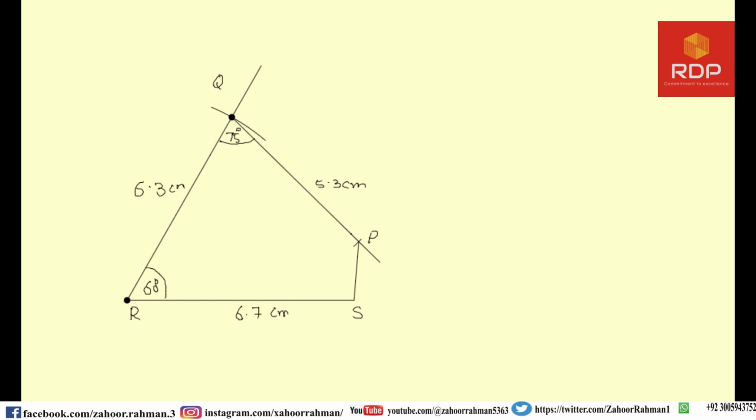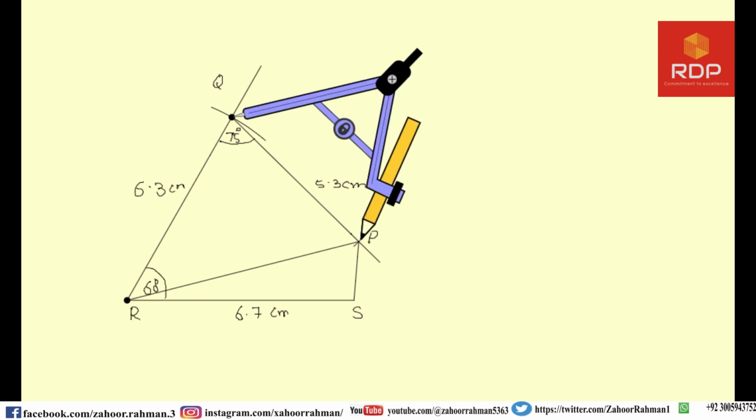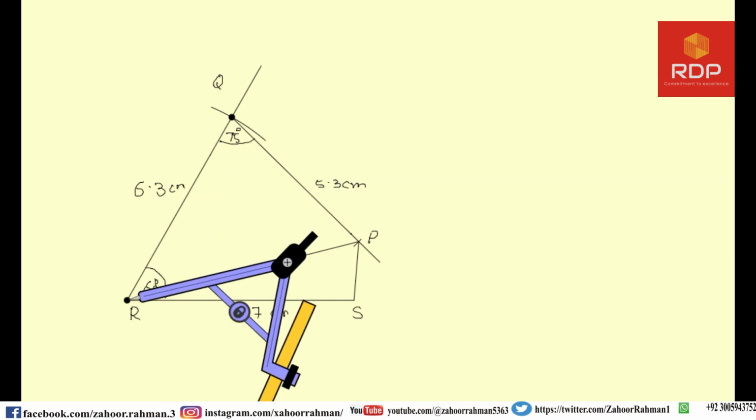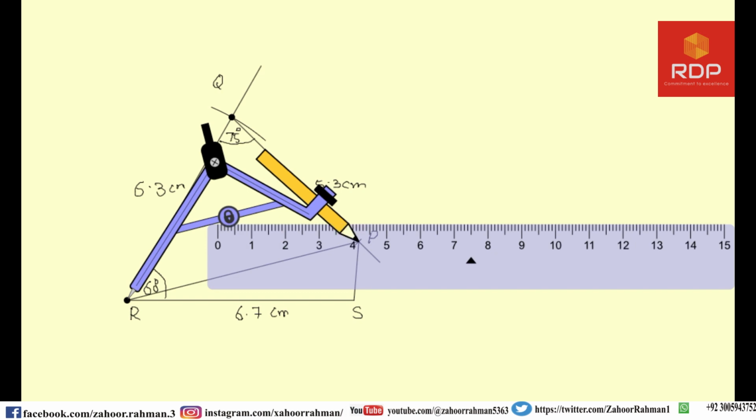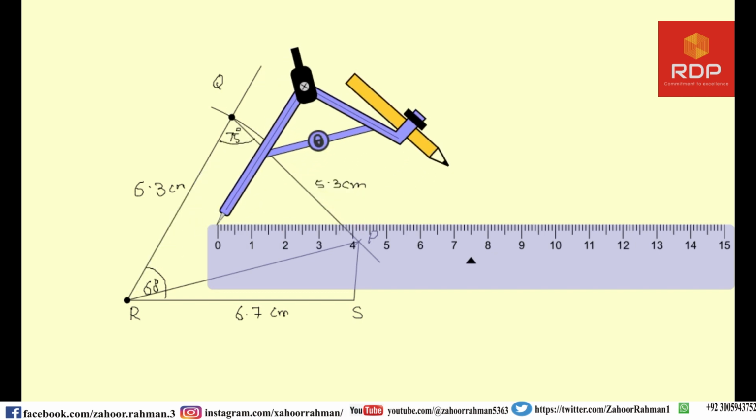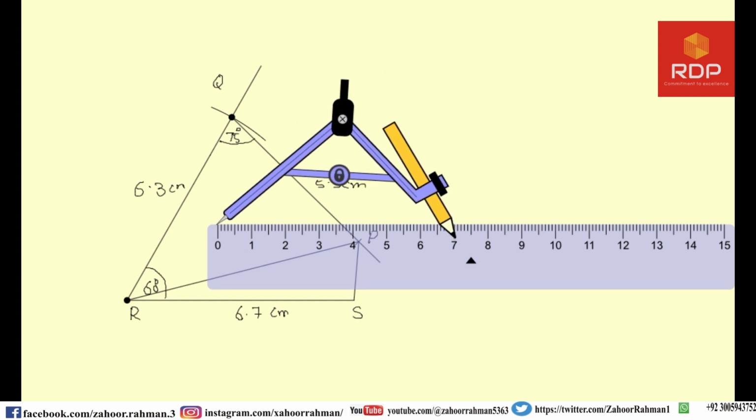Our next job is to measure the length of PR, which is this one. So we have to measure this one. Let me measure this by opening that much the compass and then measuring it from here to here.